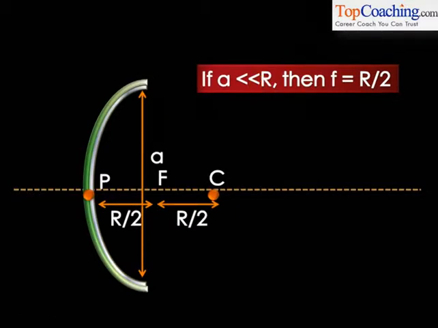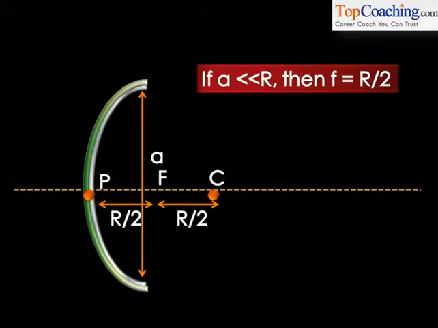If the aperture of the mirror, the distance between the top part of the mirror and the bottom part of the mirror, is very small compared to the radius of curvature of the mirror. In all our study of spherical mirrors in this class, we will assume that the aperture is very, very small.